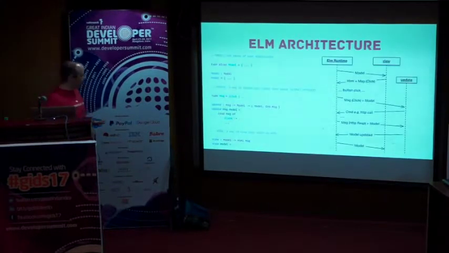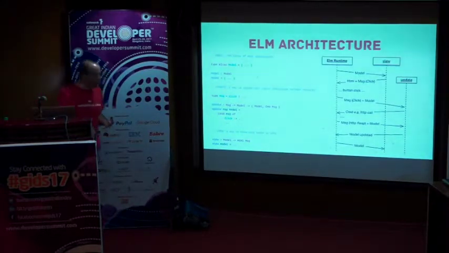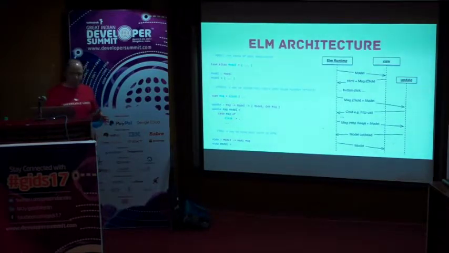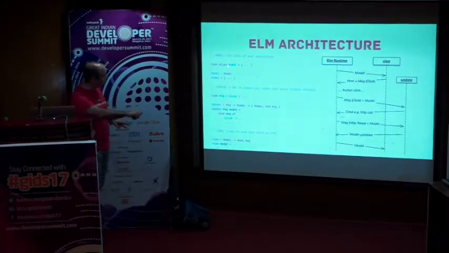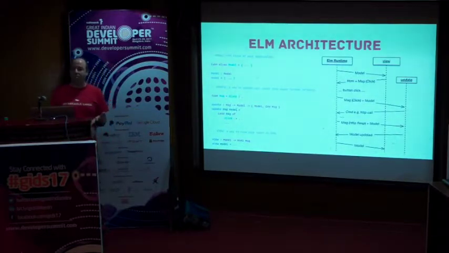To understand the demo today, I wanted to explain a little bit how an Elm application works. Essentially, an Elm application is divided into 3 parts. The first part is what we call the model. Here we define the model, or state, of the application.